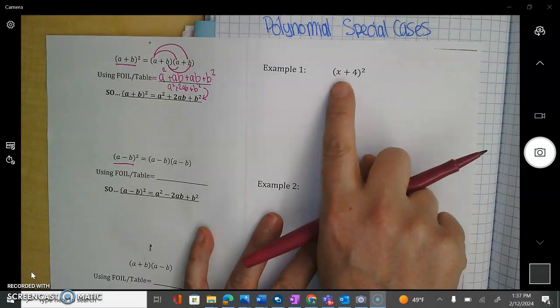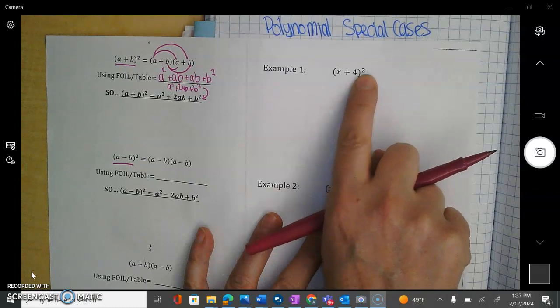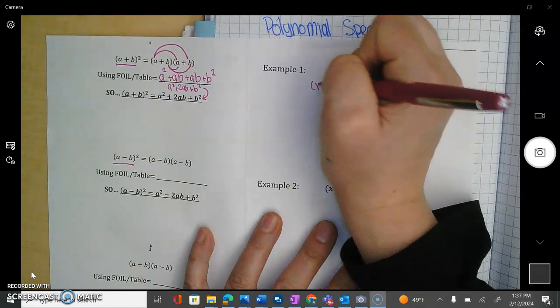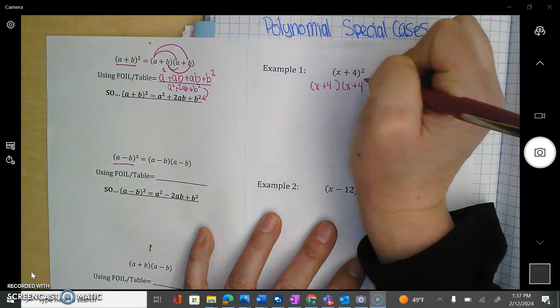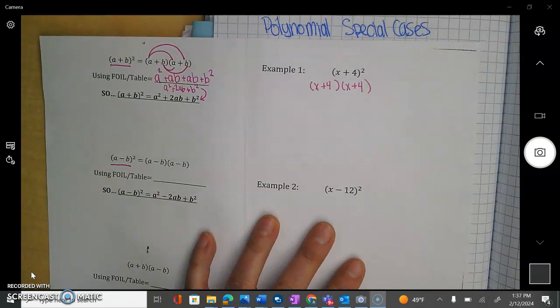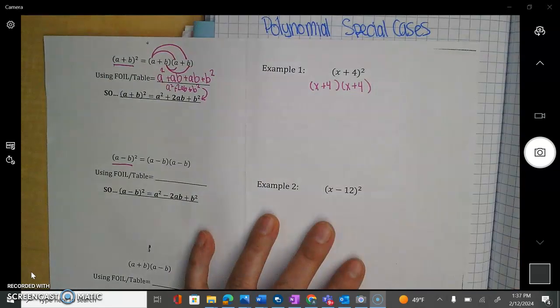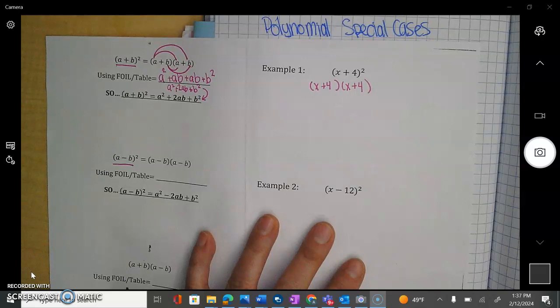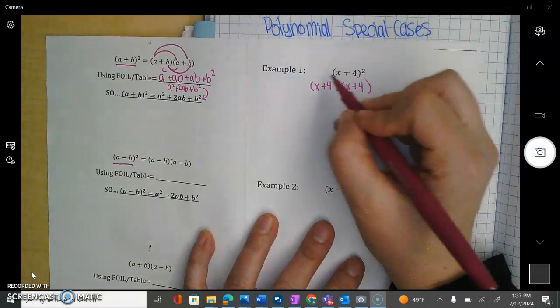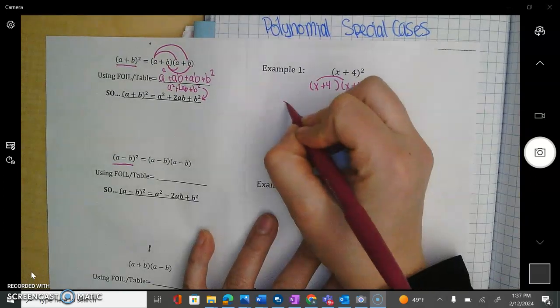Okay. Again, (x + 4) squared would be the same as (x + 4) times (x + 4). I'll show you using the FOIL method, and then I'll show you how I can skip the whole FOIL method and just use my rule to make it a little easier on ourselves. So again, FOIL would be first times first, which is x squared.